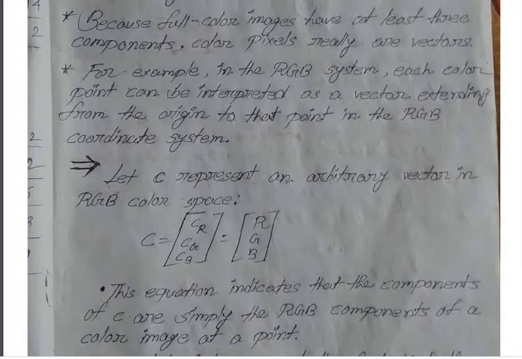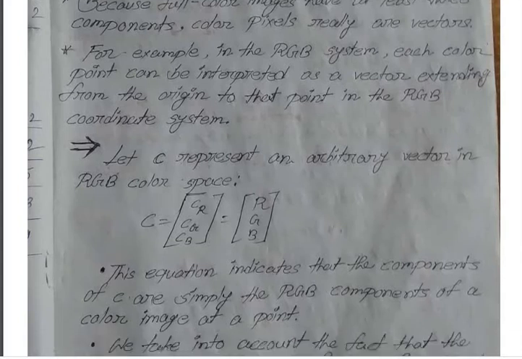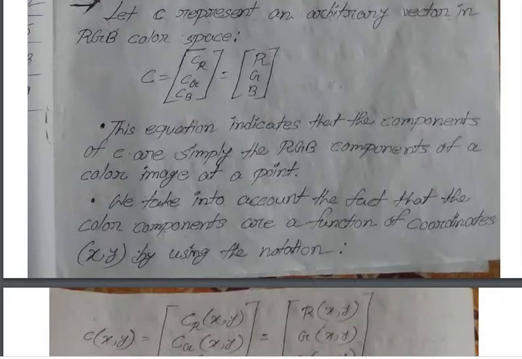So C equals, in matrix form, C suffix R, C suffix G, C suffix B, or you can write capital R, capital G, capital B. These equations indicate that the components of C are simply the RGB components of a color image at a point.